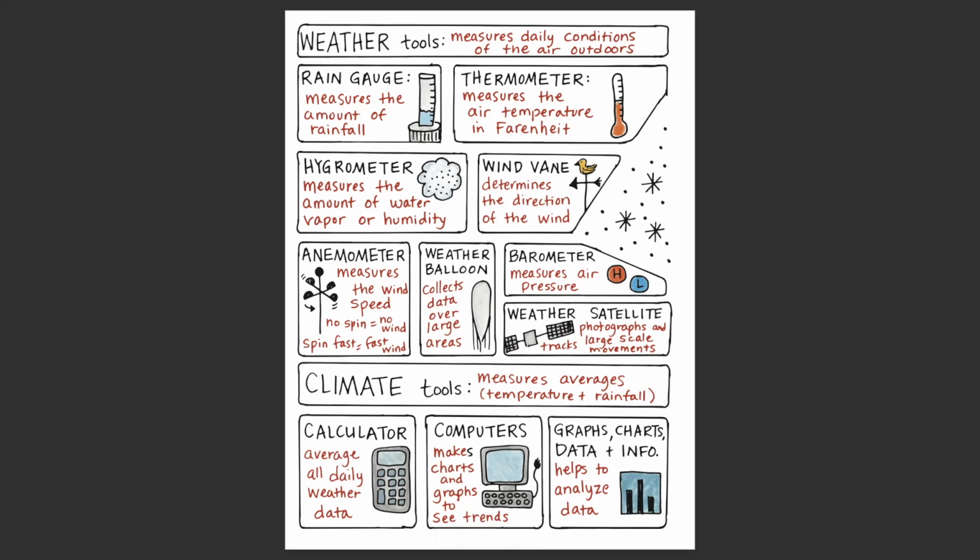What is the climate at that point? Whether it's over a month or a year or many years, that's how we determine it: we take the data from all these different tools and put them into a spreadsheet or a chart, and that's how we determine climate.